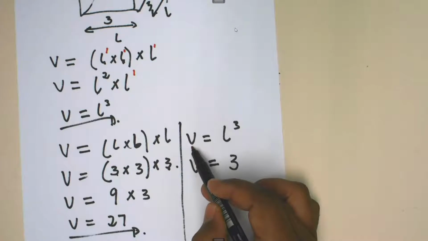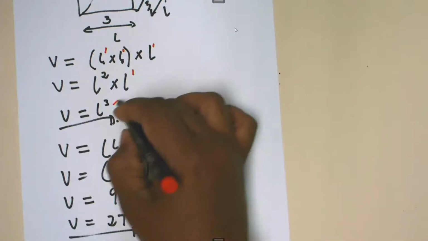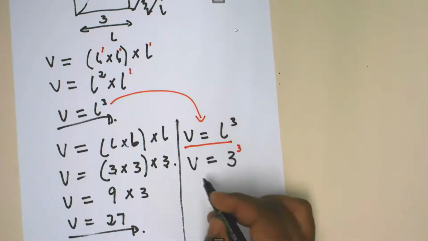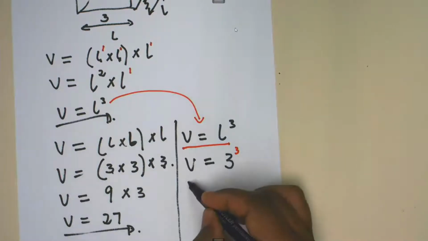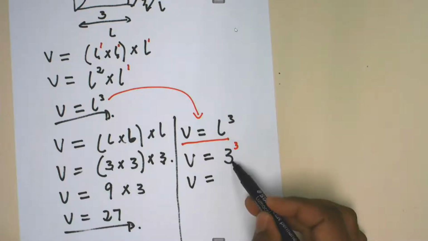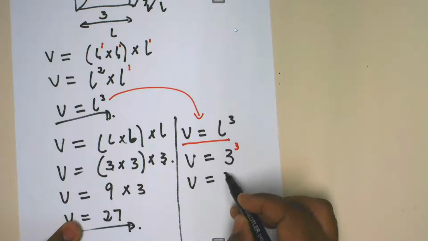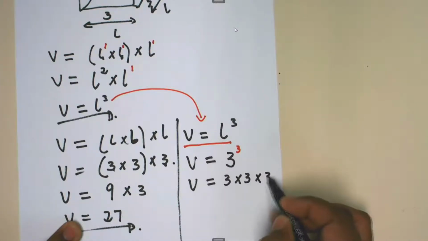The formula is V, volume, equals L to the power of 3, and therefore I have 3 to the power of 3. What does 3 to the power of 3 mean? It means 3 by itself 3 times, meaning it is 3 multiplied by 3 multiplied by 3.